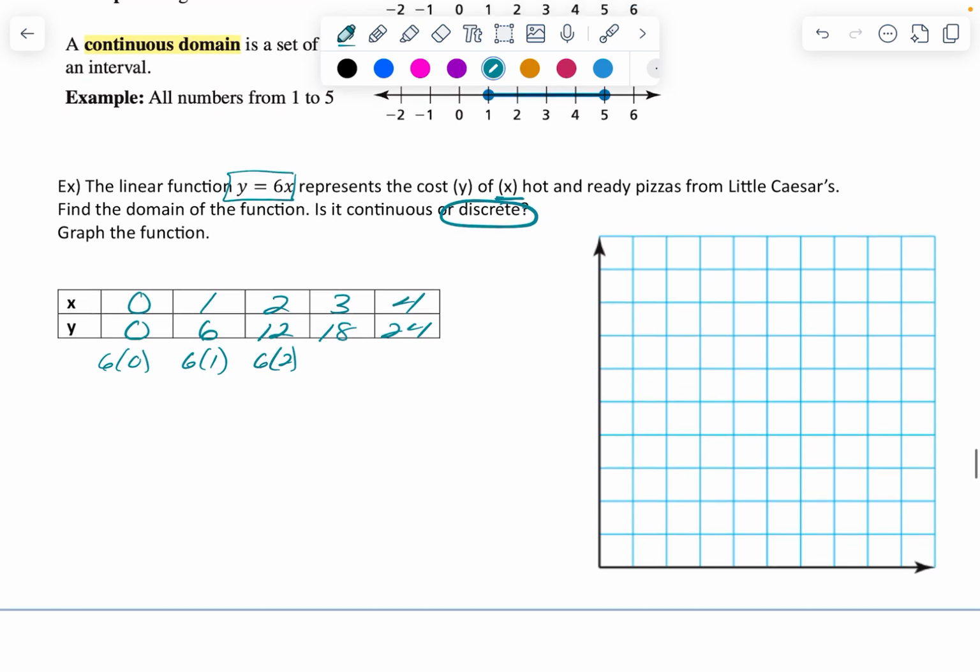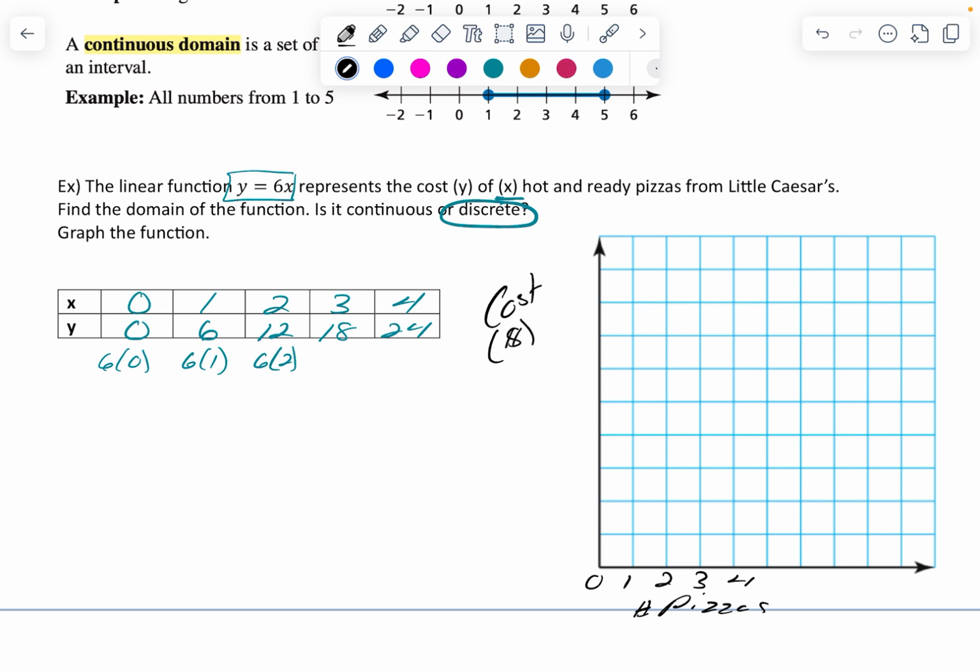Now, to graph this, we're going to put on our x-axis, remember, input is pizzas. How many pizzas? So 0, 1, 2, 3, 4. And my y value is going to be cost in dollars.